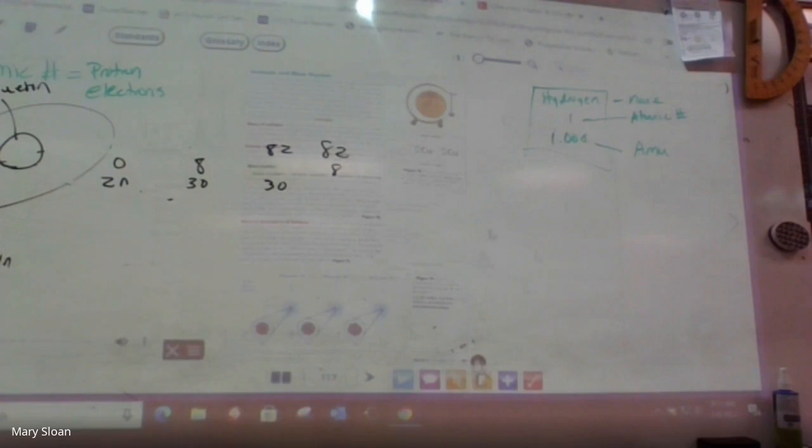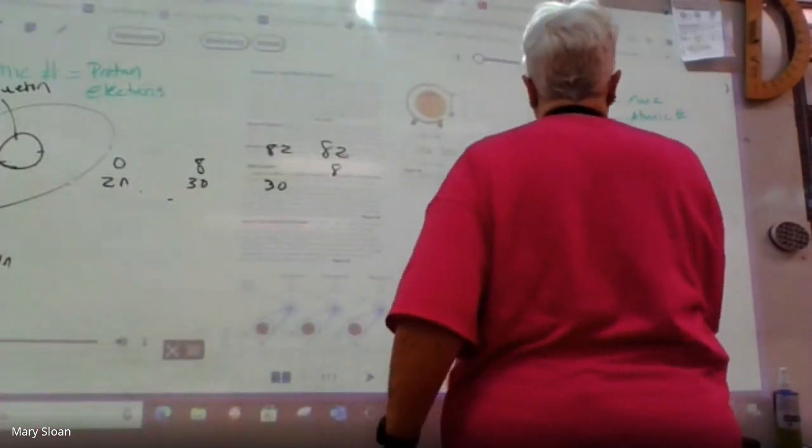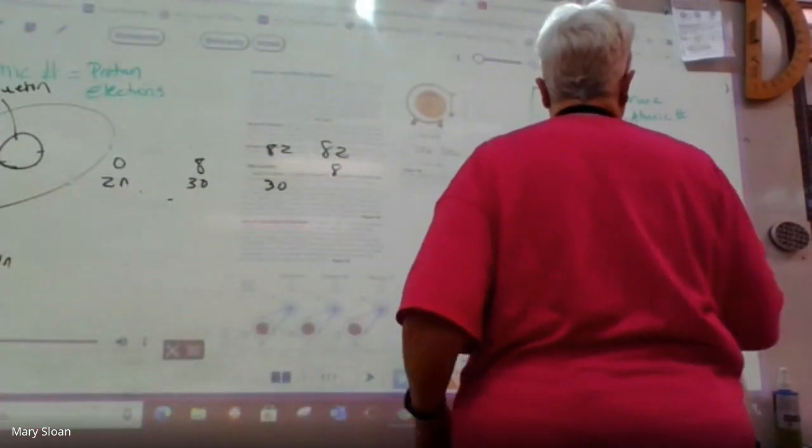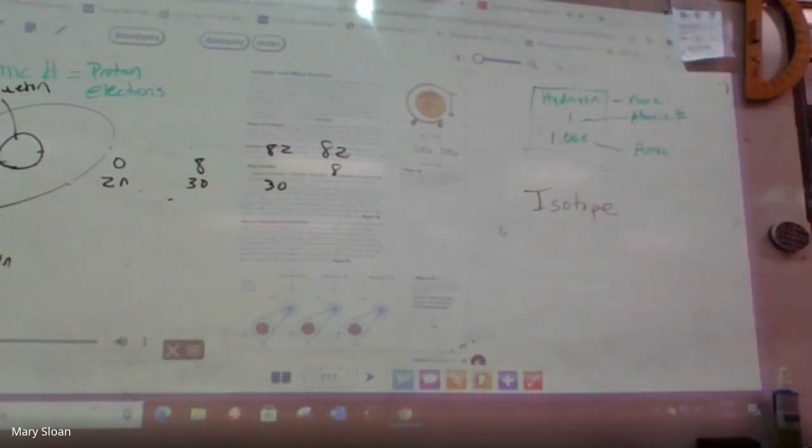Isotopes and mass number. Dalton was incorrect about atoms being indivisible and in stating that all atoms of an element are identical. All atoms of an element have the same number of protons and electrons, but the number of neutrons might differ. For example, there are 3 types of potassium atoms that occur naturally.